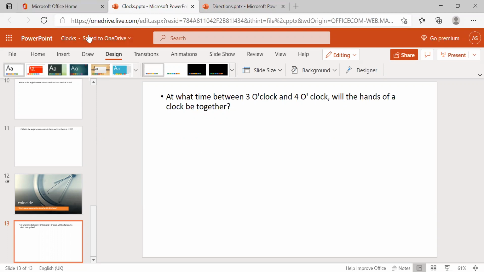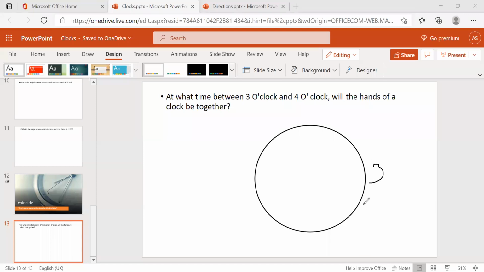So what happens here in general? See, think this will be the clock. First this is 3, and this is 4, 5, 6, 12, 1, 2.